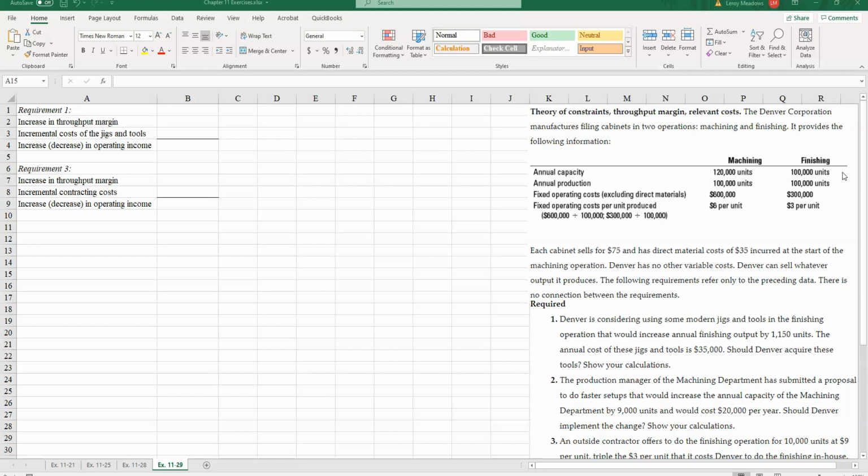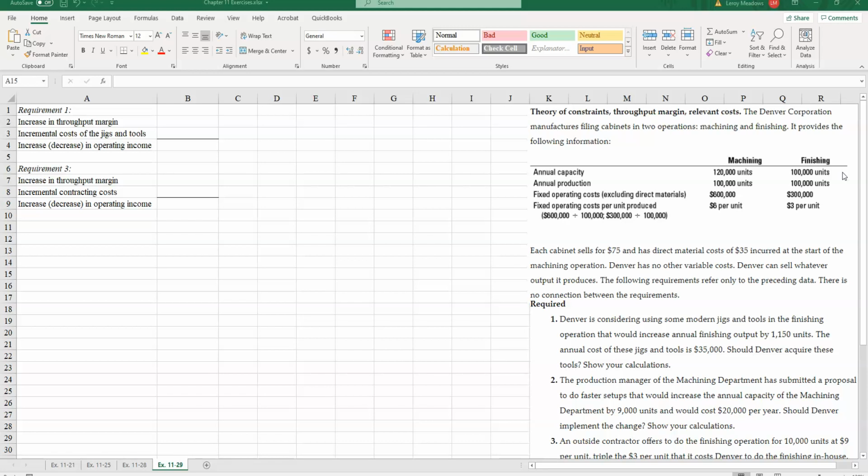The bottleneck is the department with the lowest annual capacity that can come out of there. That can be annual, monthly, per shift, however we want to look at it. But capacity-wise, the department with the least amount of capacity is going to be our bottleneck operation.